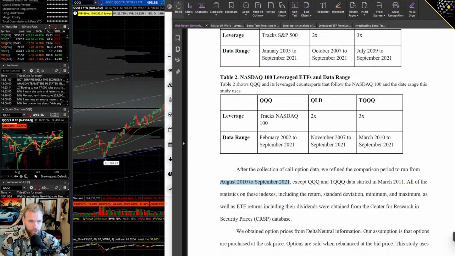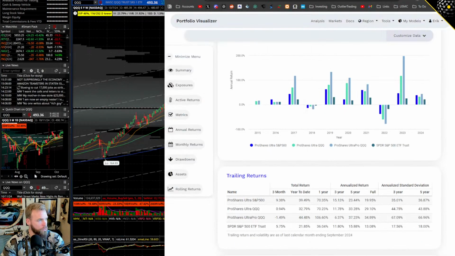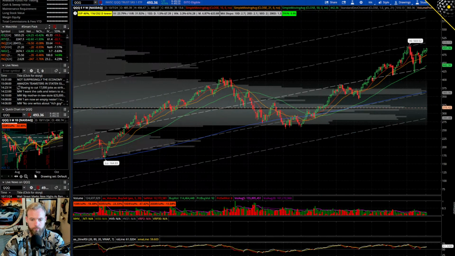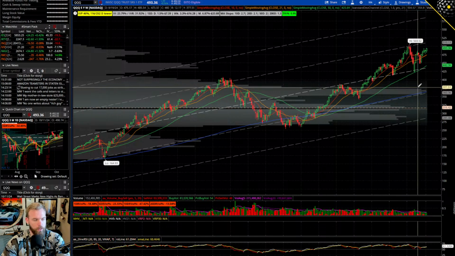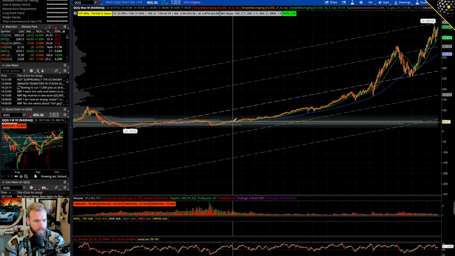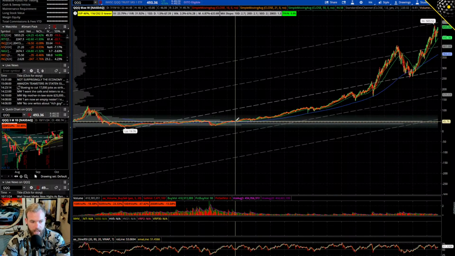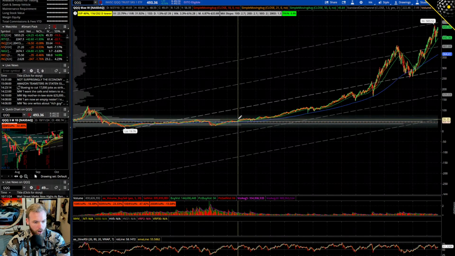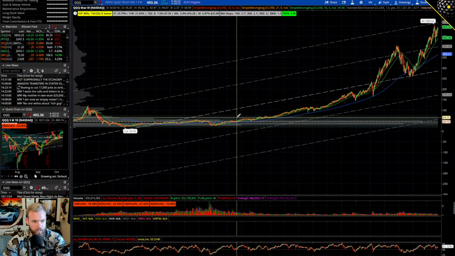So if we take a look at a chart really quick of 2010, just to show this point, if we go back, max, and we go to 2010, right? You can see that by starting in August towards the end of 2010, you're starting at a really advantageous point. I'm not saying that they cherry picked it. I'm sure there were different reasons based on the study that we didn't get to yet.